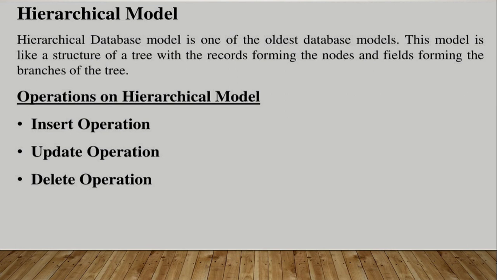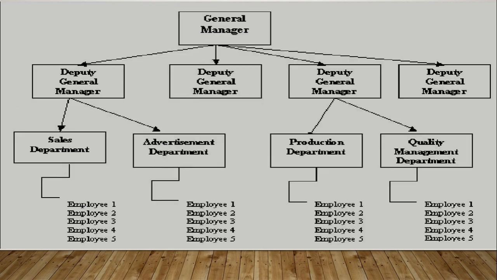It is basically like a tree, and a tree is a data structure that consists of a hierarchy of nodes, right? The highest level is called the root node, and there are many operations that we can perform in the hierarchical model, that is insert operation, update operation, and delete operation.